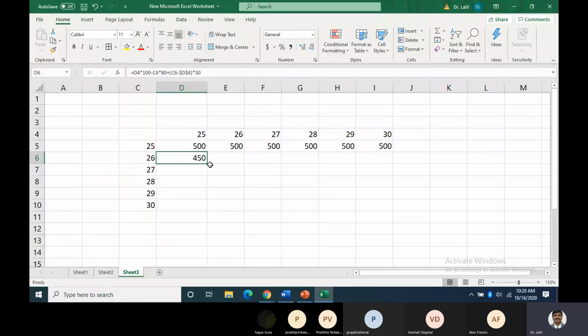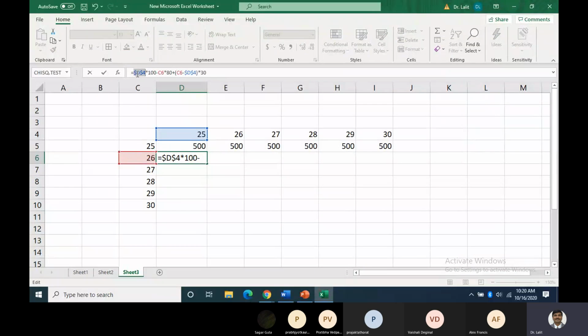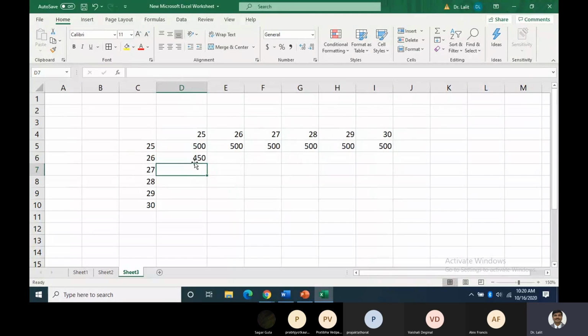Fine. Now अब मैं क्या करूँ? I will simply just D4. Okay, so I have to put dollar sign. Okay, that's it. See, now in this case, if he orders 30 books and is able to sell only 25 copies, तो उसका पे ऑफ क्या होगा? 25 into 100, right?